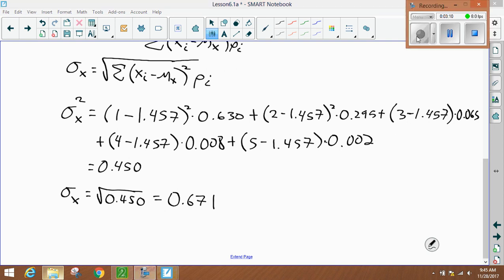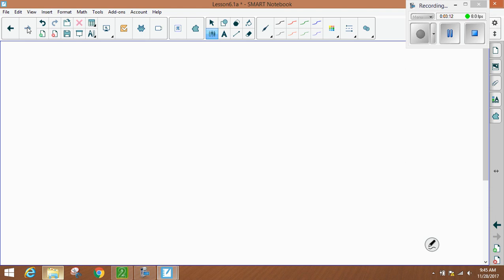Cool. So that is discrete random variable distribution, right? Now let's look at continuous random variable distribution. One example of a continuous distribution would be a normal probability distribution, right?